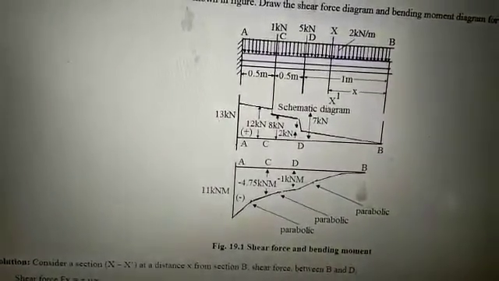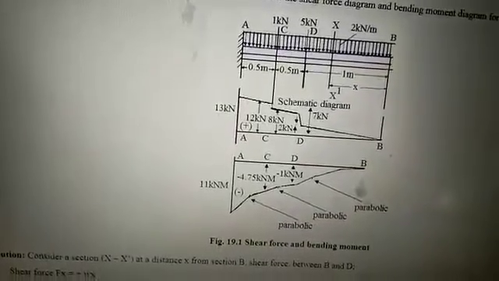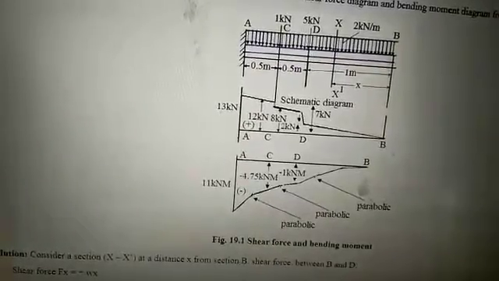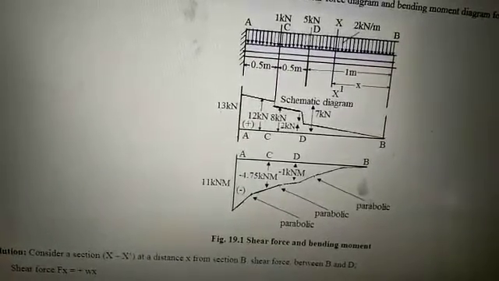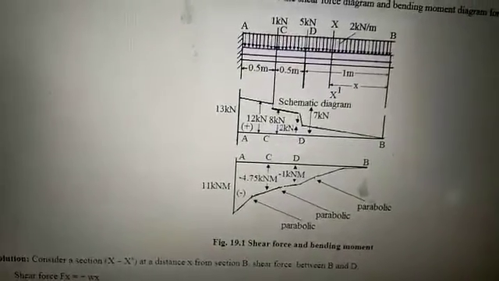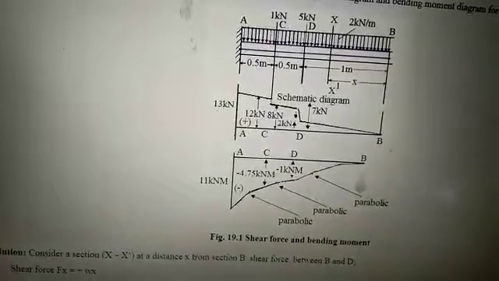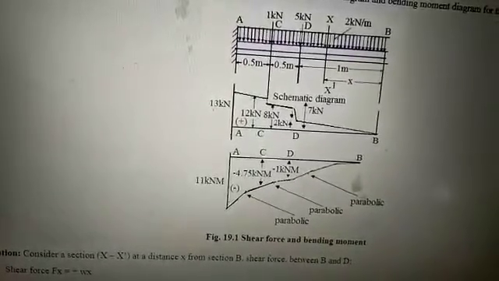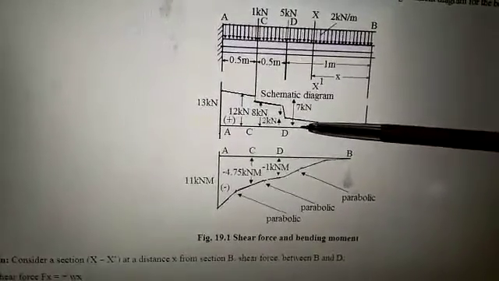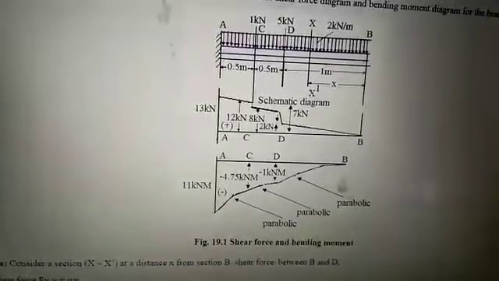Since the load is UDL, an inclined line will be drawn between D and B. Then again an inclined line will be drawn between C and D. And again an inclined line will be drawn between C and A. So this is the shear force diagram between A and B for the above loading.